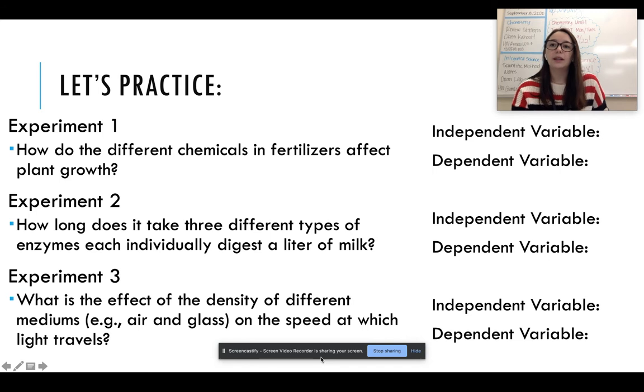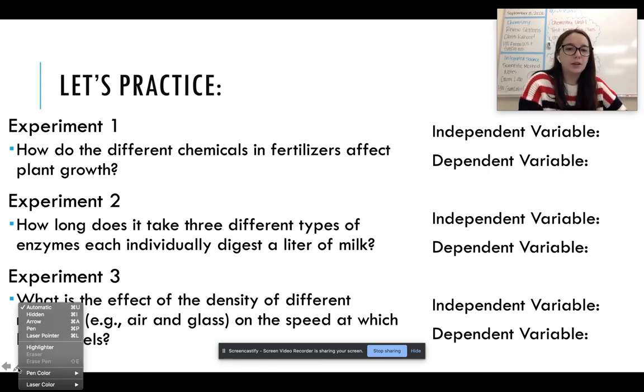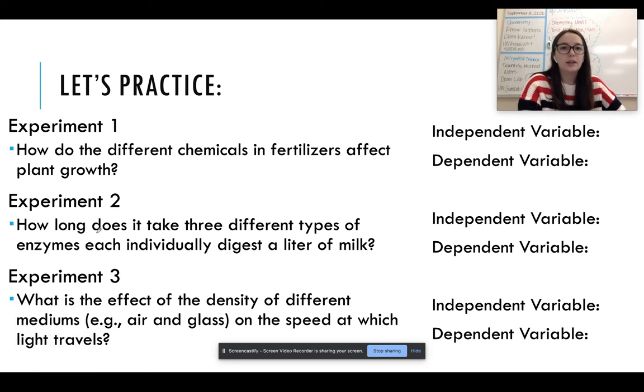So let's practice. I'll do number 1 with you, and then you'll do number 2 and number 3. You'll pause it and take your notes. Number 1 reads, how do the different chemicals and fertilizers affect plant growth? In this question, I need to find what's different. My dead giveaway, let me pull out my highlighter. There it is: how do different chemicals and fertilizers?